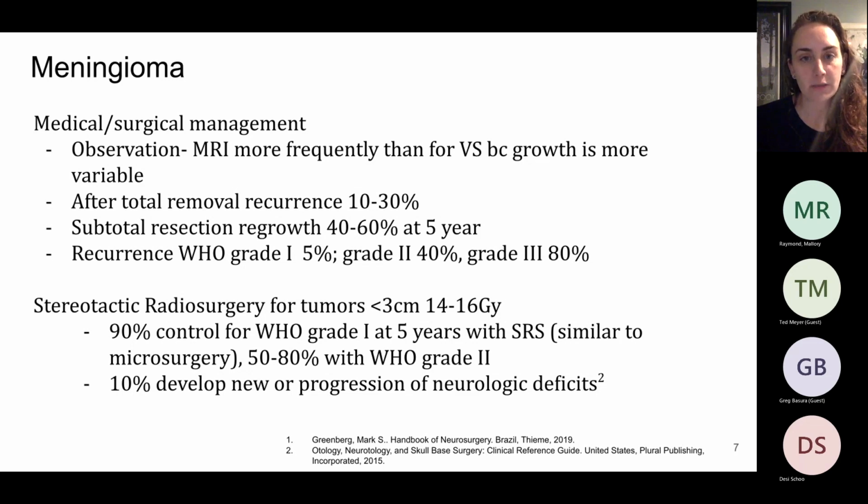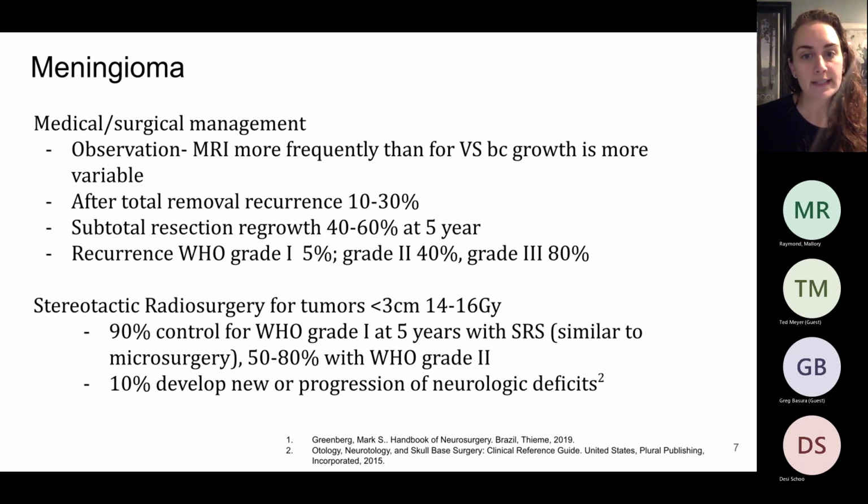With subtotal resection, regrowth is about 40 to 60% at year 5, more with some of the more aggressive and higher grade lesions. They can be treated with stereotactic radiation, though we'll talk about why that is somewhat controversial.